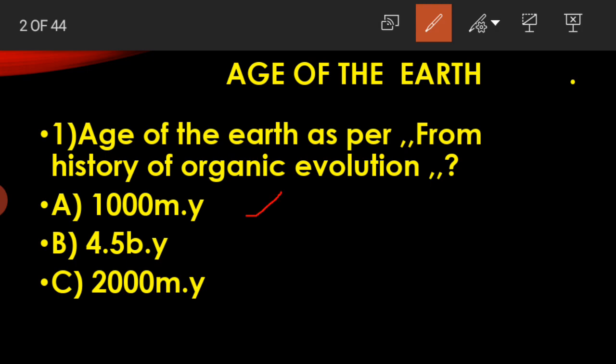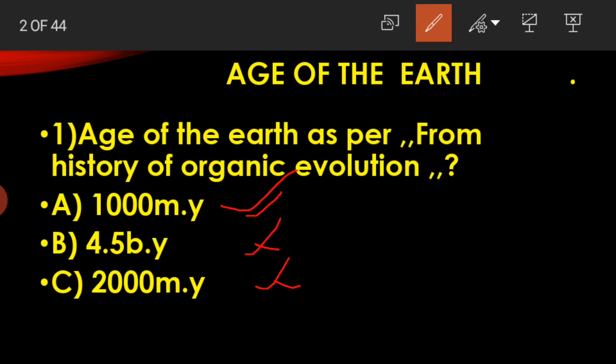Option A 1000 million years, option B 4.5 billion years, option C 2000 million years. So here the correct answer is 1000 million years as per the history of organic evolution. Age of the earth is 1000 million years, not 4.5, not 2000 million years.